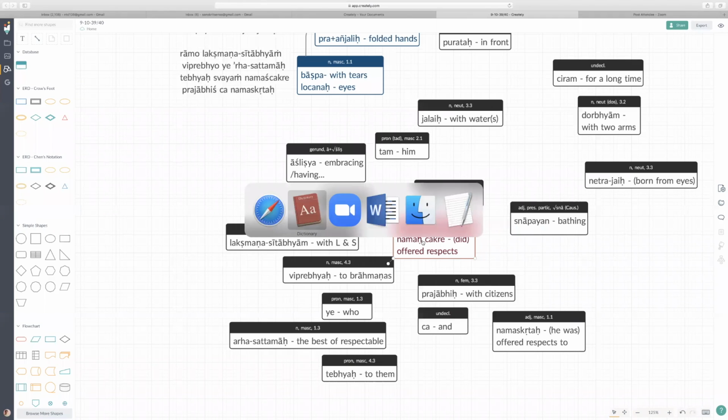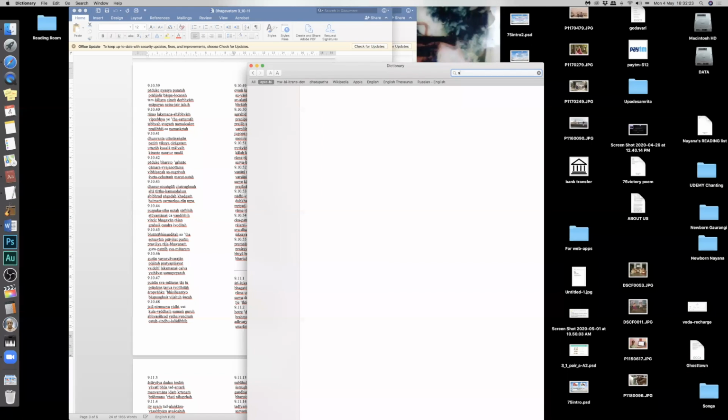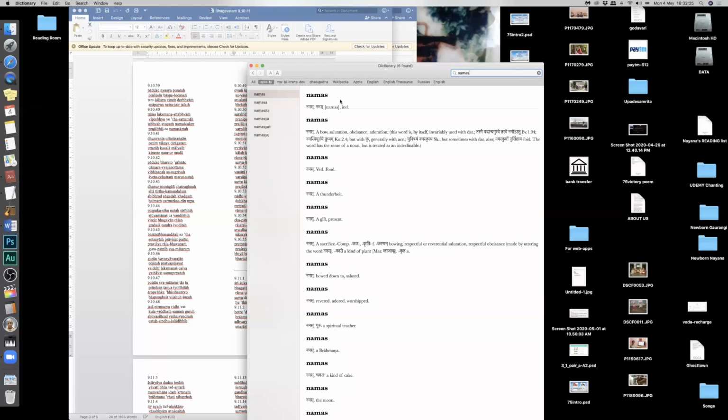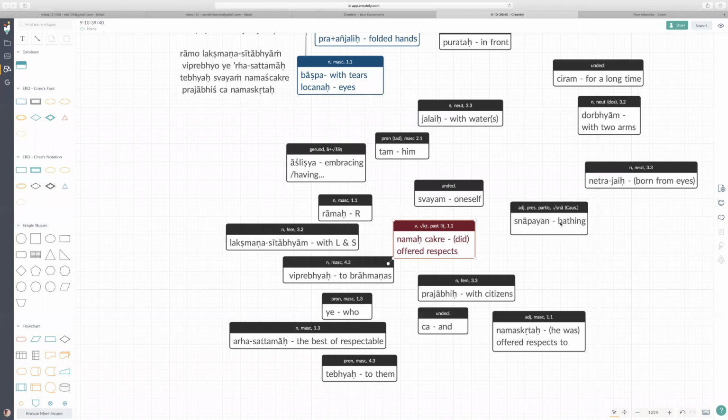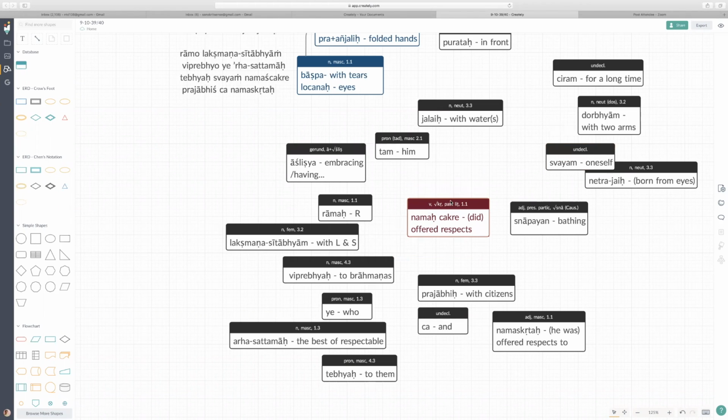Namas is an undeclinable word, but it also means a salutation, obeisance, adoration. Anyway, let's not be too hair-splitting here. Let's just treat it as a single verb with an undeclinable. Namaschakre, who is the doer, the karta?